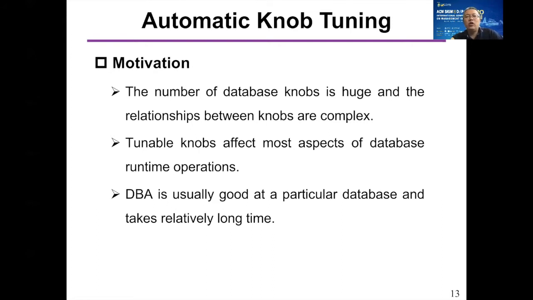Knob tuning also affects the database performance. Traditionally, database tuning relies on the DBA, but for large-scale database instances, the DBA cannot tune so many database instances. So we can rely on machine learning techniques to achieve this.